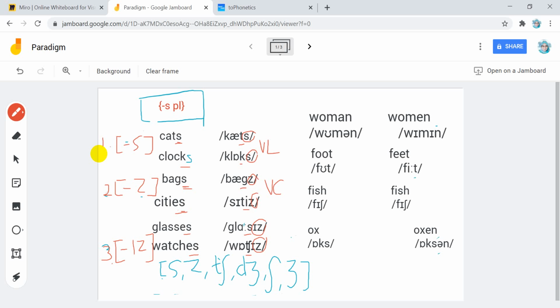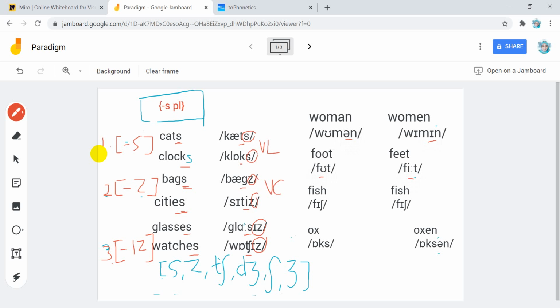On the right, we have forms that are morphologically conditioned. Like woman, if it is plural, it becomes women. There is a change within the word. Also, the word foot becomes feet.